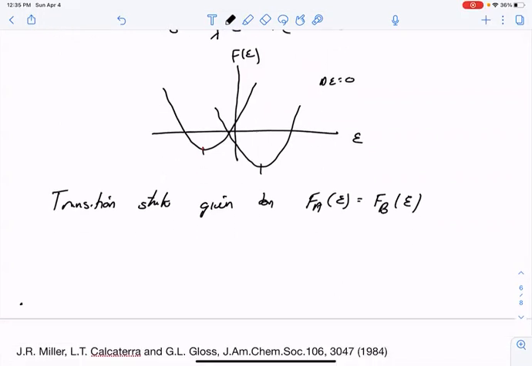That defines a value of a field or a free energy barrier, which is equal to (delta E plus lambda) squared over 4 lambda.